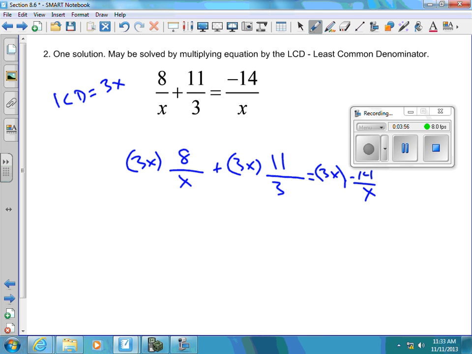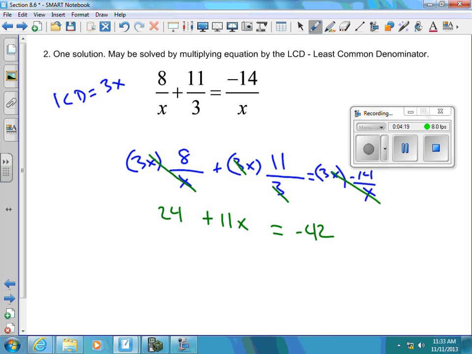I'm going to simplify each of these fractions individually. If I look here, the x's cancel. 3 times 8 is 24. If I look here, the 3's cancel, and I get plus 11x. On the right side, the x's cancel again, and I get 3 times negative 14, which is negative 42.